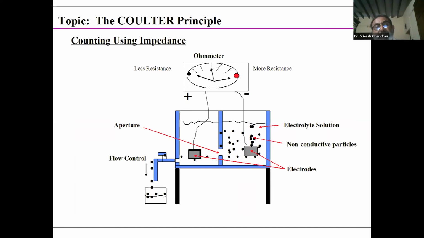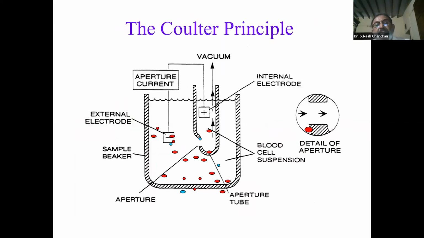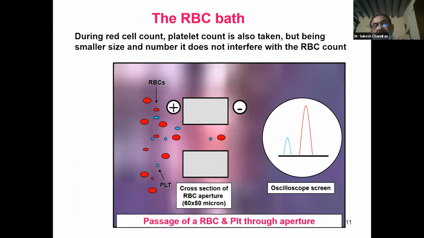Each resistance is measured by an ohm meter. And we realize that all the formed elements of blood, like red cells, white cells, and platelets, are non-conductive particles.